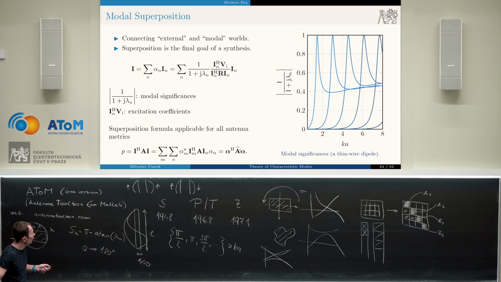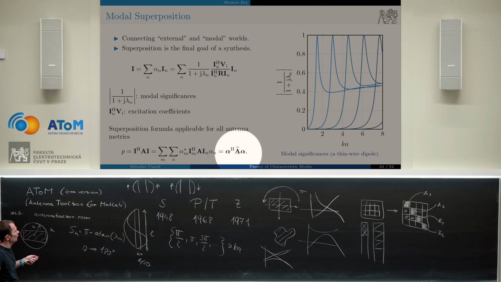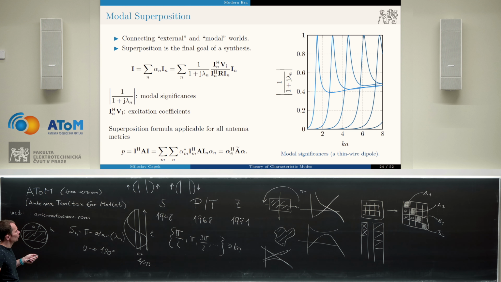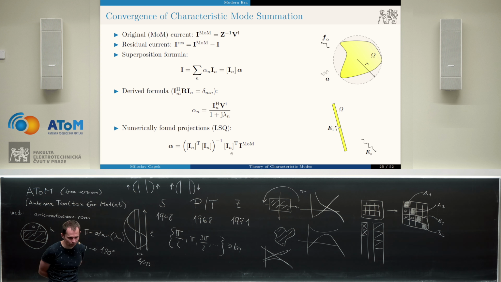So imagine that you would like to optimize Q factor. In that case, it makes sense to evaluate a matrix of characteristic modal Q factors, and this is this matrix A tilde, and these unknown coefficients alpha can be found with some quadratic optimization. So this is extremely useful for some feeding synthesis problems.